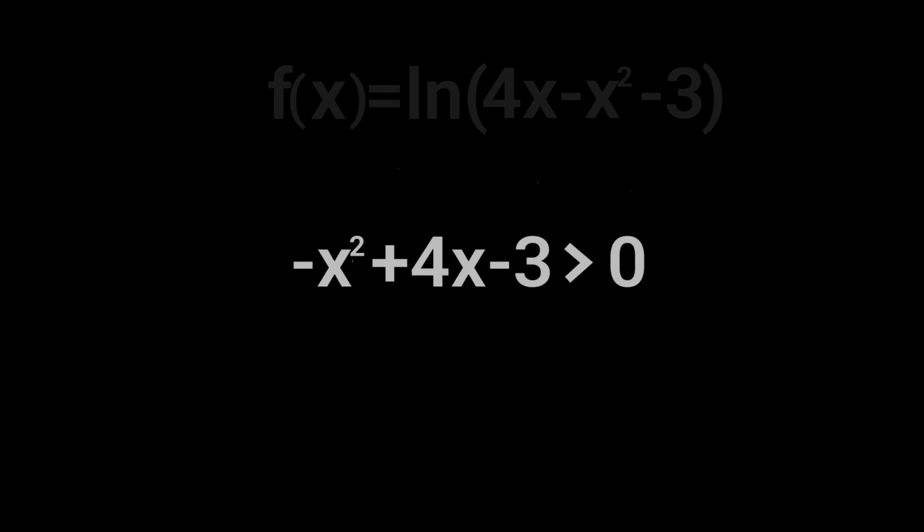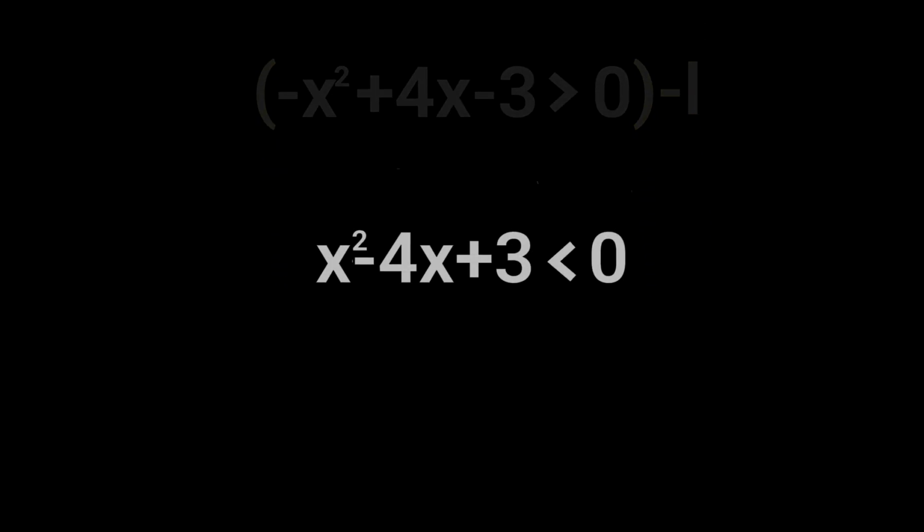Now we have negative x squared plus 4x minus 3 greater than 0. In order to remove the negative 1 from the x squared, I'm going to multiply the whole inequality by negative 1. If I do that, then I get x squared minus 4x plus 3 less than 0.